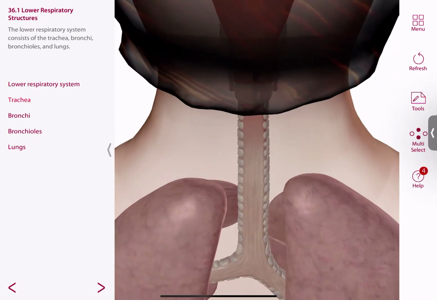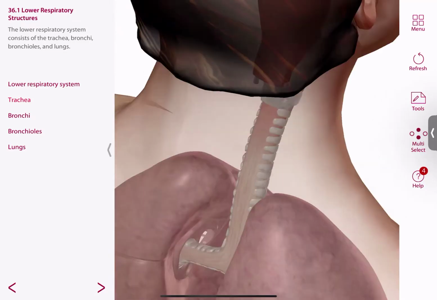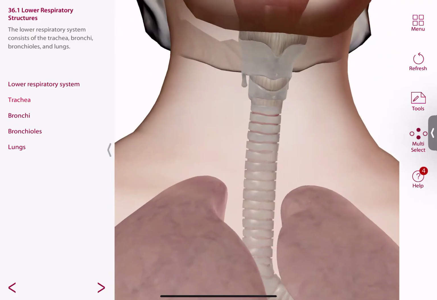Posterior to the esophagus lies the vertebral column, a very rigid and bony structure which provides the required support for the trachea to remain distended. So from the front, it requires support which is provided by the C-shaped cartilage rings, and posteriorly the vertebral column will provide support to the trachea.